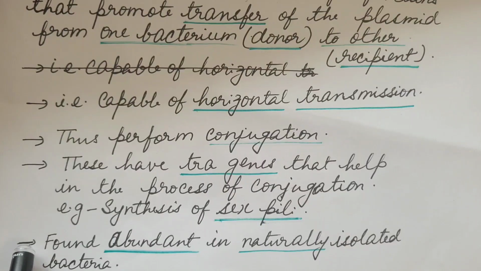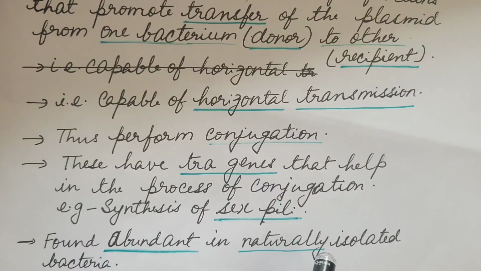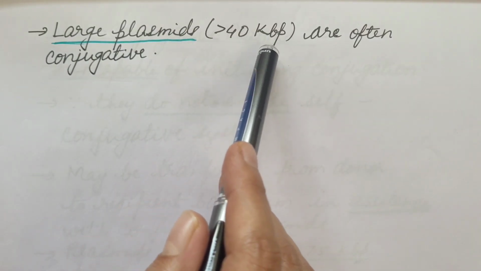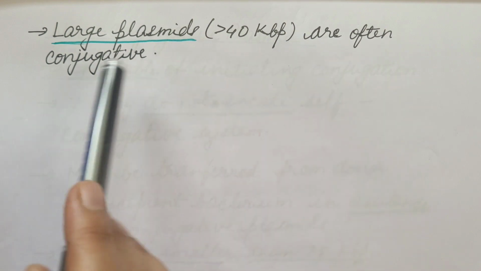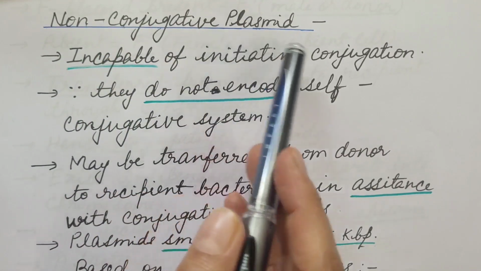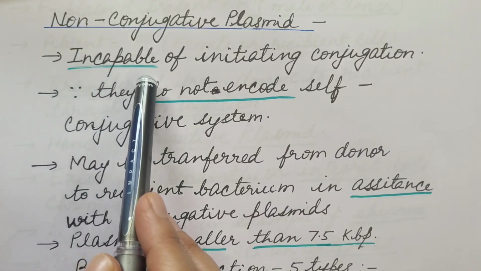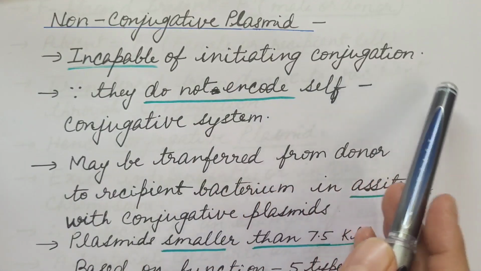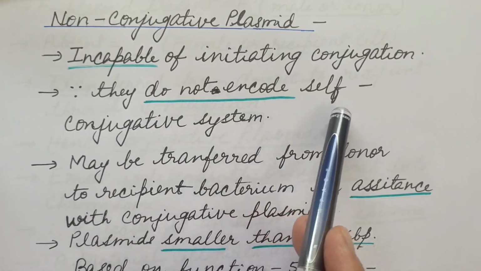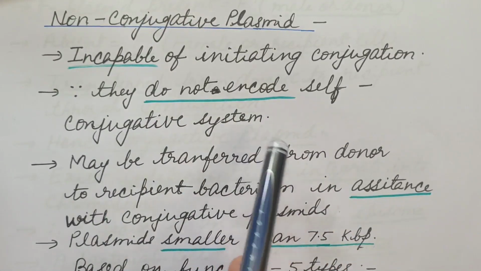This type of plasmids are found abundant in naturally isolated bacteria. Large plasmids whose size is greater than 40 kilobase pair are often conjugative plasmids. Second is non-conjugative plasmid. These are incapable of initiating conjugation because they do not encode self-conjugative system.